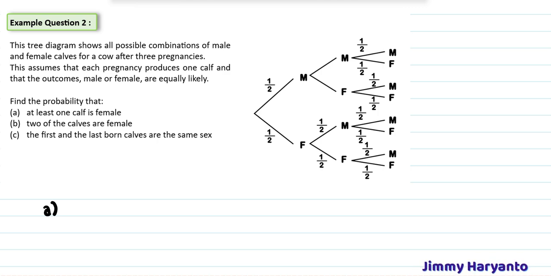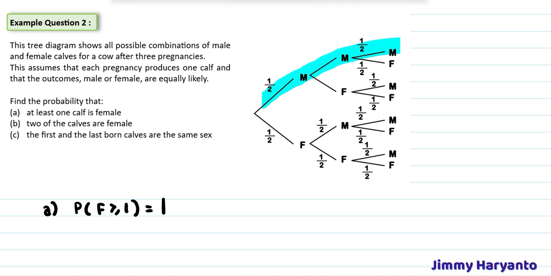That means if the question wants you to find at least one calf is female, you only have to find all male. This is the probability of the event that does not happen, at least one female. So you will write it like this: P(female is greater than or equal to 1) is the same as 1 minus P(female equals 0), right?